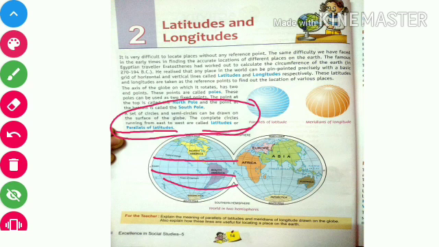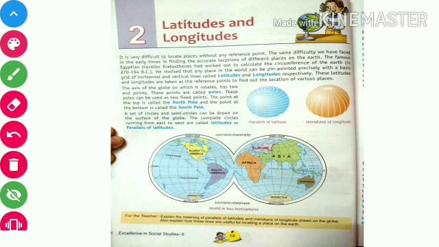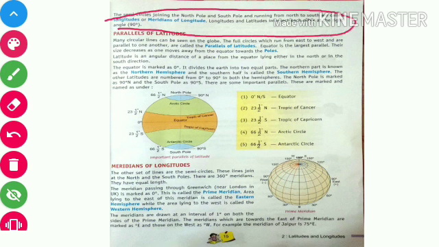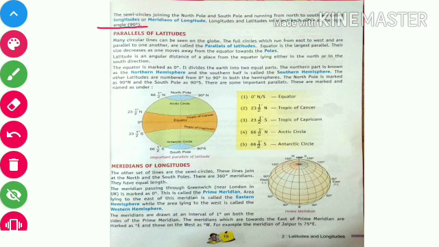Let's move to the next slide. The semicircles joining the North Pole and South Pole and running from north to south are called longitudes or meridians of longitude. Longitudes and latitudes intersect each other at a right angle, 90 degree.